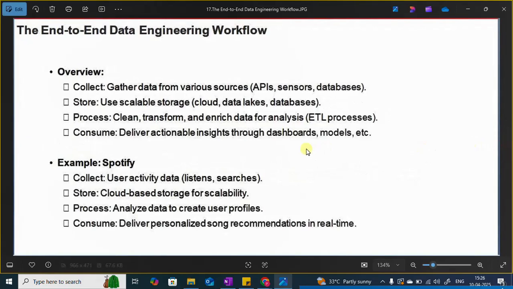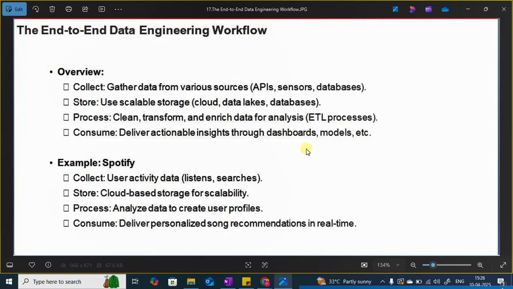Now, the end-to-end data engineering workflow. As I told you, I have already discussed this in the data engineering roles and responsibilities. Data collection: gather data from different source systems like APIs, sensors, and databases. Storage: use scalable storage like cloud, data lake, and databases. Process: clean it, transform it, handle the missing values, and prepare data for analytics, like ETL processing.